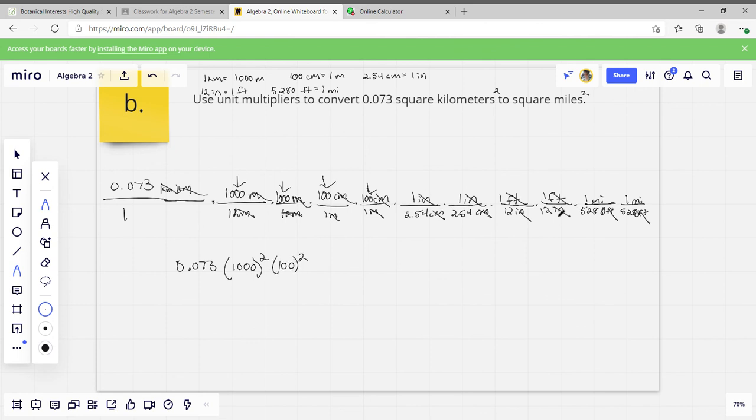The rest of all those are ones, so then we've got miles squared. And then on the bottom, we're going to have 2.54. And 12. And 5,280. So that's what your answer should look like for B.